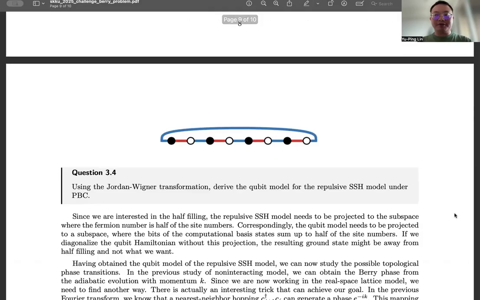Here we will consider periodic boundary conditions and add a complex phase to the periodic bond. We will take the complex phase as the adiabatic parameter, and we will compute the Berry phase and see if we can again find the topological phase transitions, but now also under the nearest neighbor repulsion.